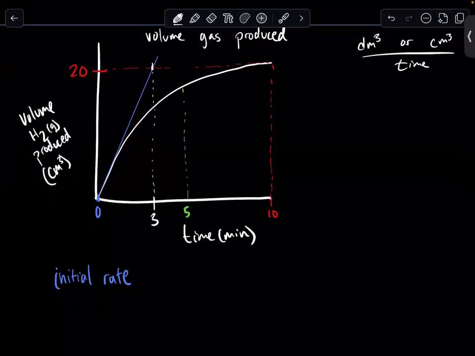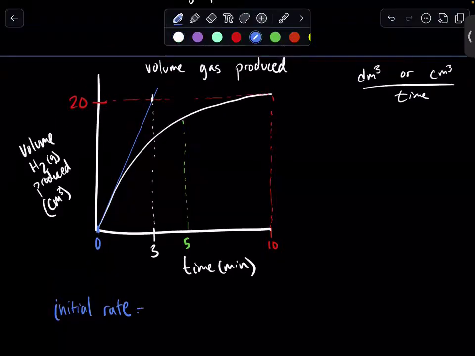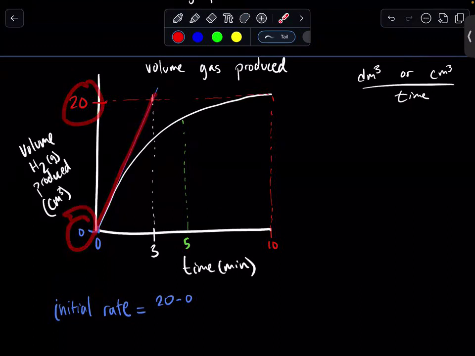For our initial rate calculation, we're going to just calculate the slope of our line. So 20 minus 0, that's our max volume minus our minimum volume. We're doing rise over run, so this is a slope: our high value minus our low value, and we will divide that by 3 minus 0, our large time value minus our small time value.